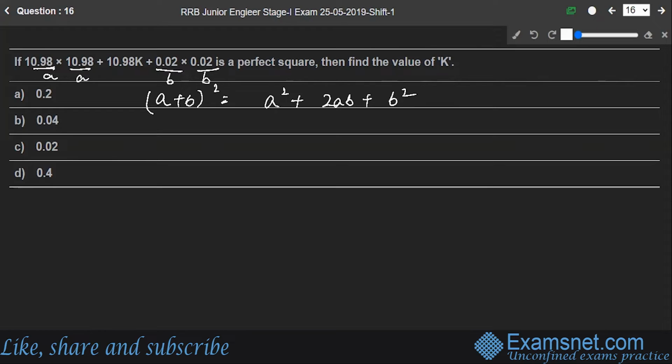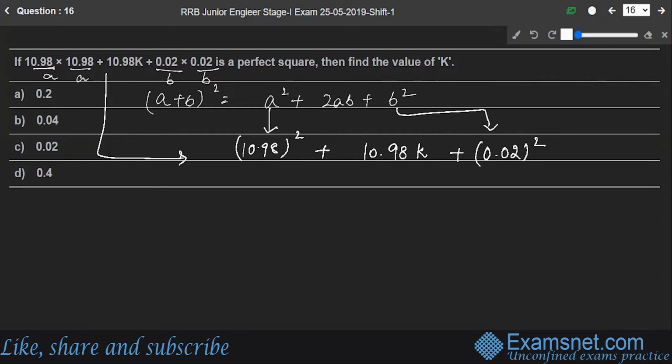So this makes it 10.98 squared. If I rewrite this, plus 10.98 into k plus 0.02 square. Correct. So this is your A and this is your B. So that means 2AB is equal to this.